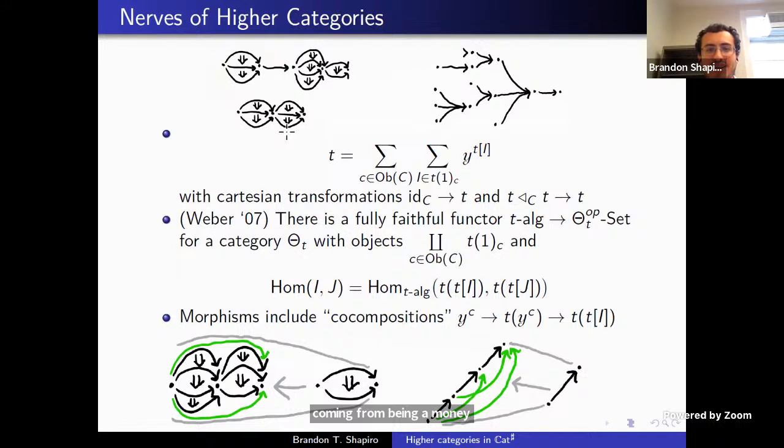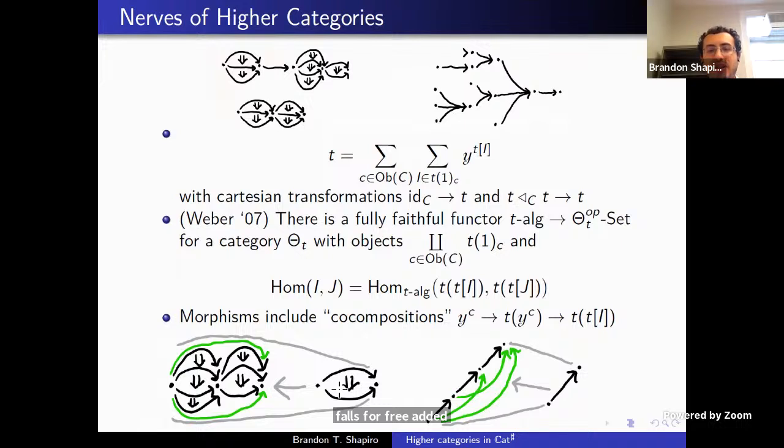And so the picture looks like this, where for categories, if you have the free category generated by three morphisms, then you can map from the walking arrow into that long composite. And if you have this free two category generated by this pasting diagram, like I've described, you get a big composite of it that you can include this walking two cell into. And this falls for free out of the formalism.